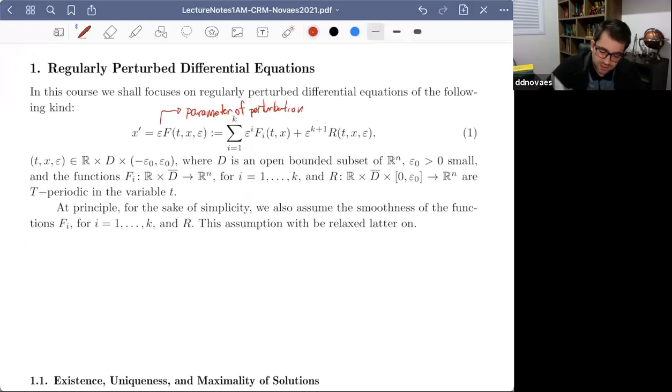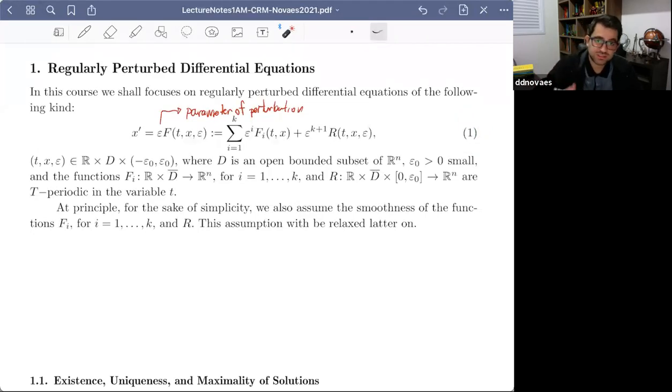The first thing I would like you to notice about this differential equation is the unperturbed system. By the unperturbed system I mean the differential equation 1 for epsilon equal to 0, because epsilon is the parameter of perturbation.